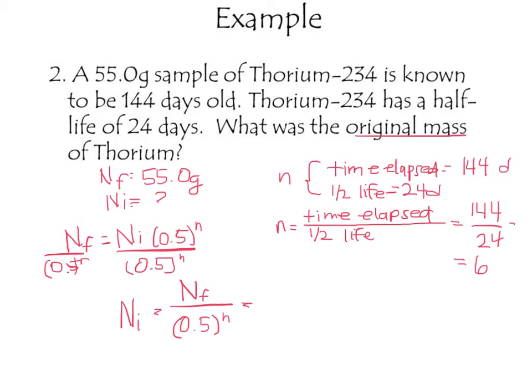Let's plug in our numbers: 55 grams divided by 0.5 to the 6th power. Since we're looking for the original mass, we always know that our answer is going to be larger than 55 grams. So our final answer is 3,520 grams.